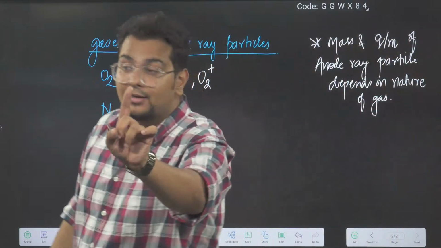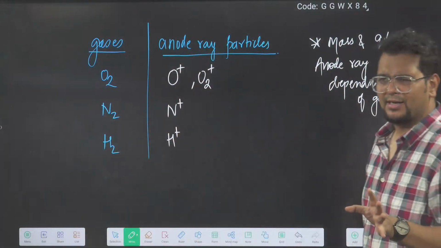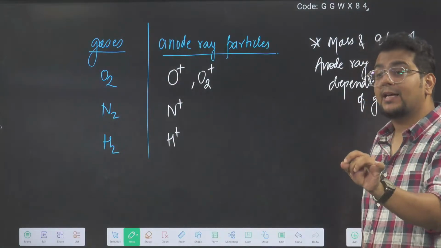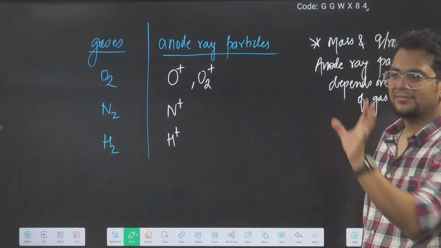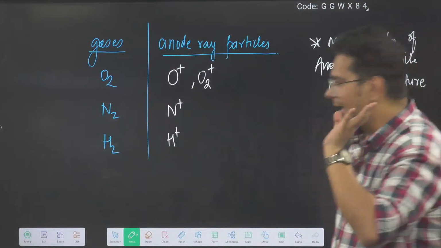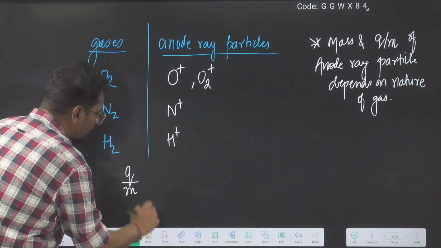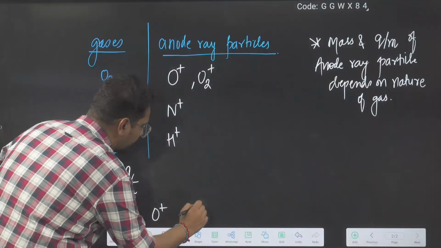Cathode ray particle is every time an electron. Any gas you take, the same cathode ray particle will come. But anode ray particle will be different for different gases.